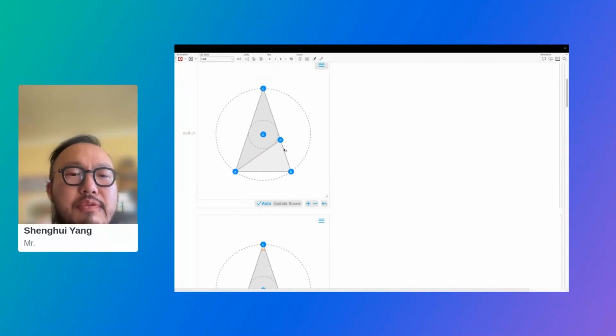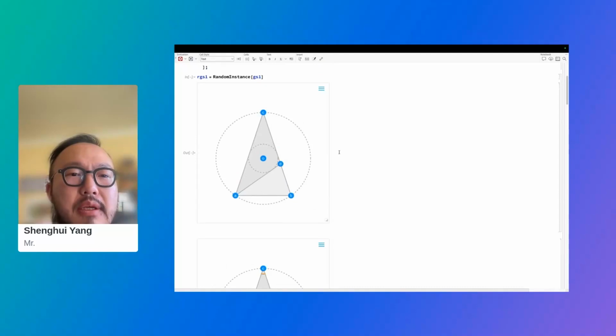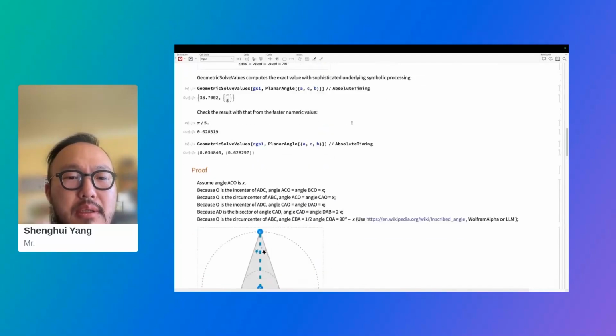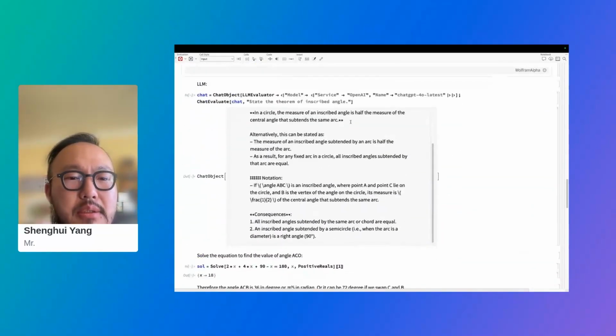But what if D is something different? Like AD is a height, or D is a foot. So basically AD is perpendicular to BC instead of bisecting the angle. I think this is something really good about the language design. All you need is just to change this part. So in this case, you scroll down.